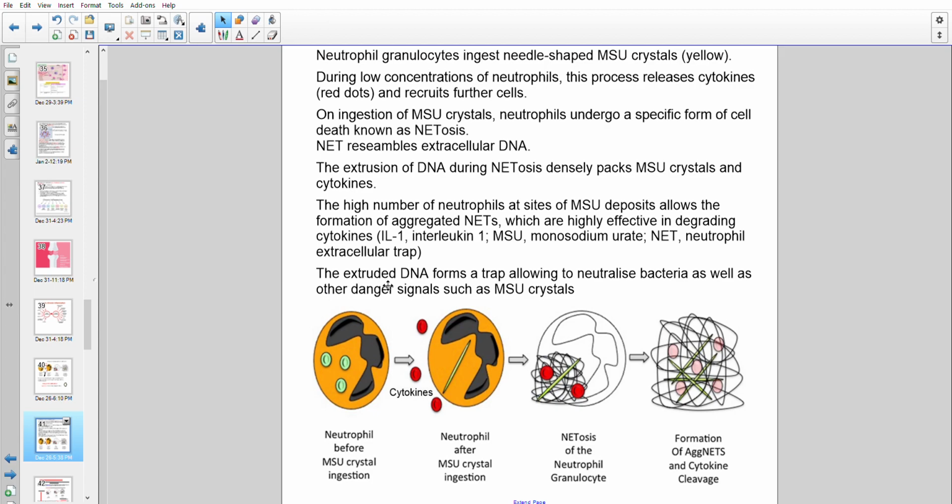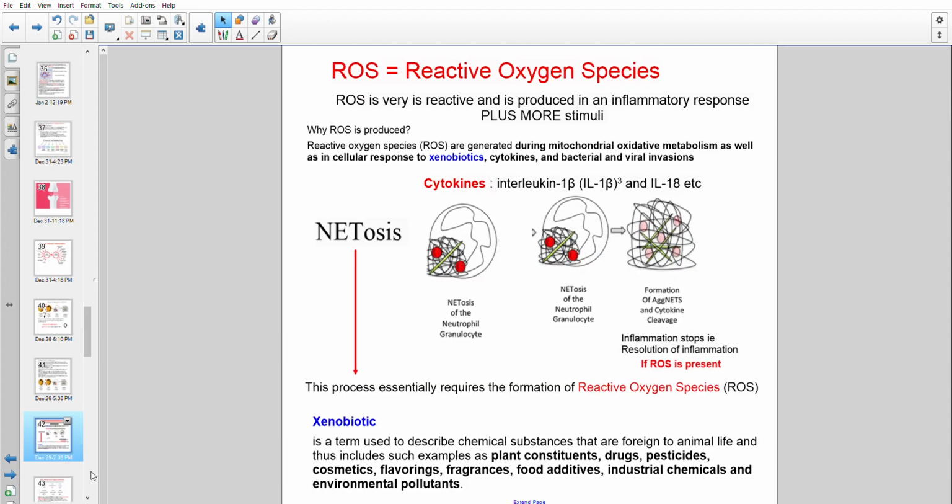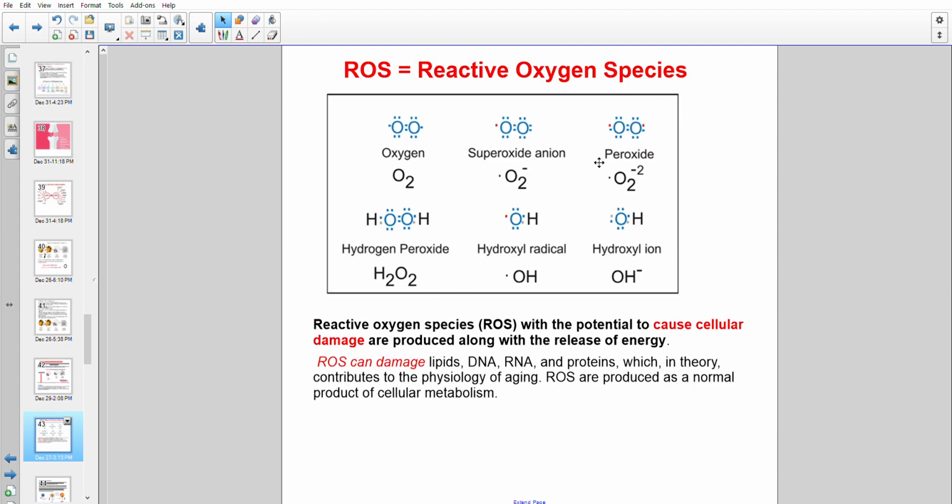So the extruded DNA forms a trap, allowing neutralization of bacteria as well as danger signals such as MSU crystals. Now we look at reactive oxygen species. It's not just one substance, it's a whole stack of them, negatively charged, and they last a very small time, a millionth of a second, but because they are highly reactive they are very dangerous.